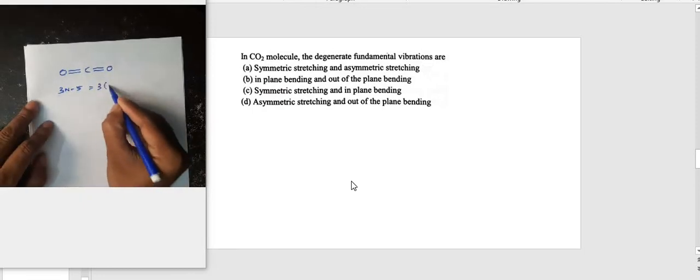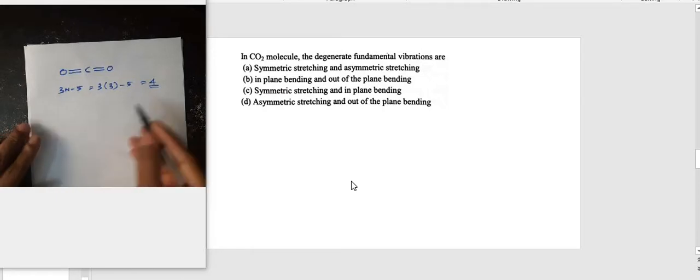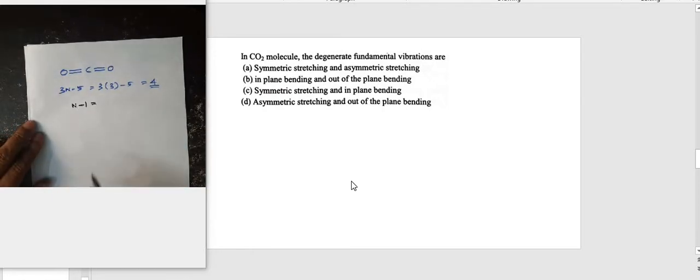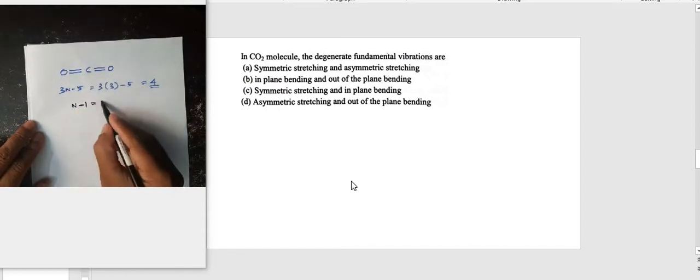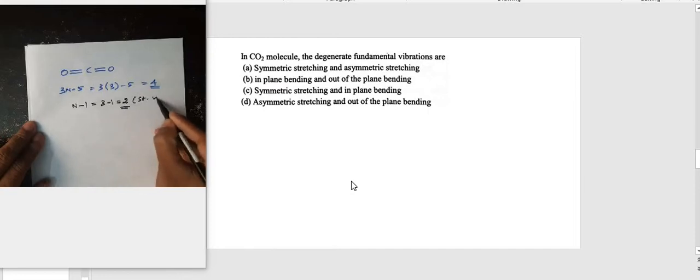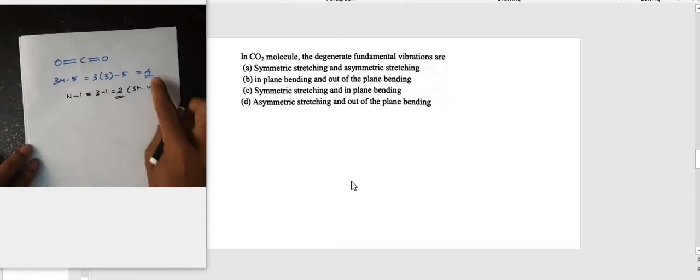So 3 into 3 minus 5, you get 4. So there are 4 normal modes of vibration. Among these four, there will be n minus 1 stretching vibrations. n is 3 atoms, so 3 minus 1 equals 2. So we have 2 stretching vibrations, and the remaining 2 are bending vibrations.